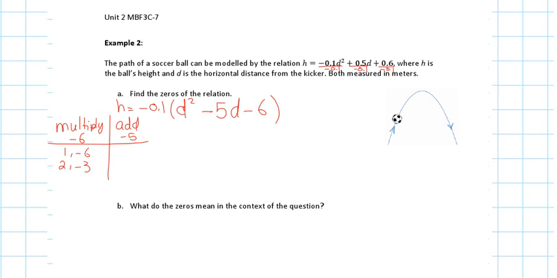So h equal negative 0.1, d plus 1, d minus 6. Is it in factored form now? Okay, what are my zeros? So take each bracket, set it equal to 0.